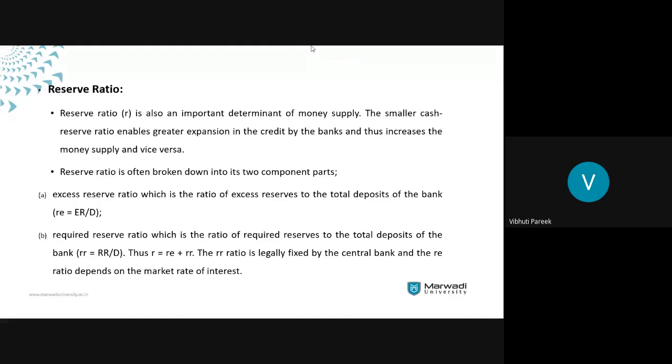This is the ratio of excessive reserve to the total deposits of the bank. Excessive reserve is an amount which is kept by the banks in order to deal with the money demand of the customer. Now, what is the required reserve ratio? The required reserve ratio is the ratio of required reserves to the total deposits of the bank. They are also named as RR. This is the RE ratio and the RR ratio.